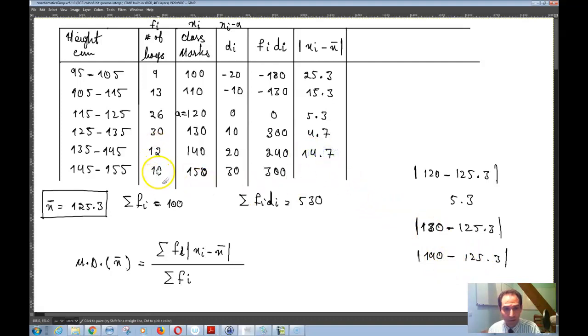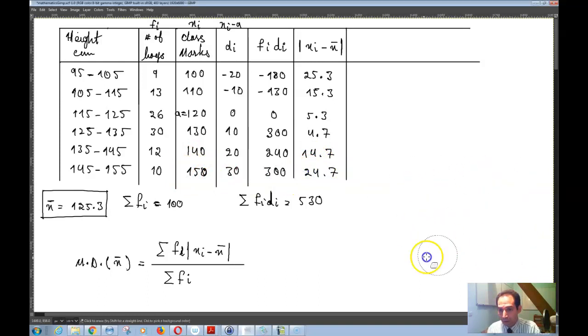14.7. And then when you have a 150, you would get 24.7. So now I can calculate f of i times the absolute value of x of i minus x bar, which is basically this number times this number.